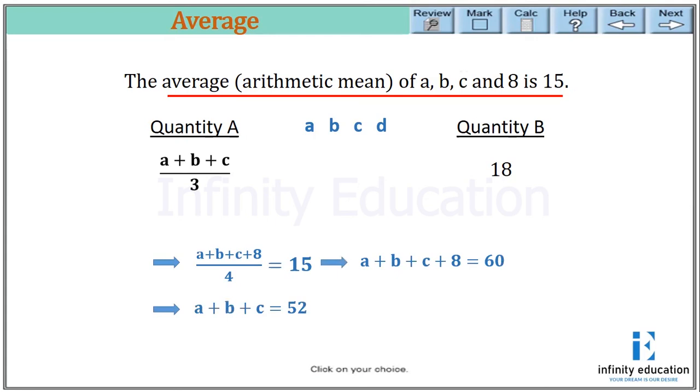Now as I'm looking for quantity A as A plus B plus C divided by 3, I must divide both sides by 3. So A plus B plus C divided by 3 equals 52 divided by 3, that is 17.33. So quantity A is 17.33 and quantity B is 18. So B is the answer to the question because B is greater.